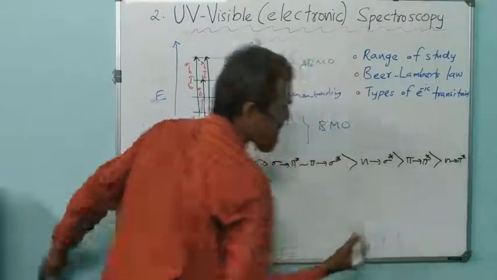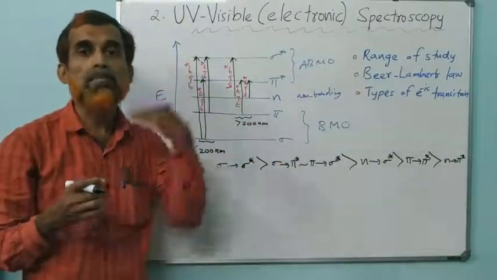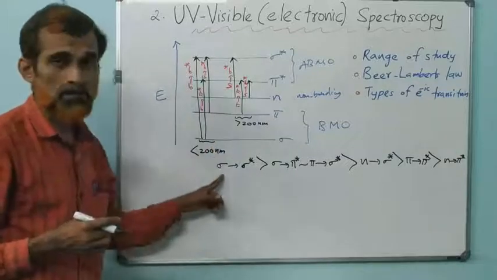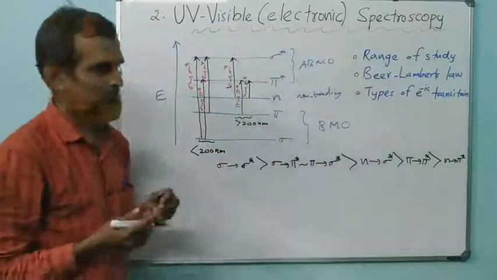So a question to you, which transition requires maximum energy? Sigma to sigma star. Which has minimum energy? N to pi star. Okay.